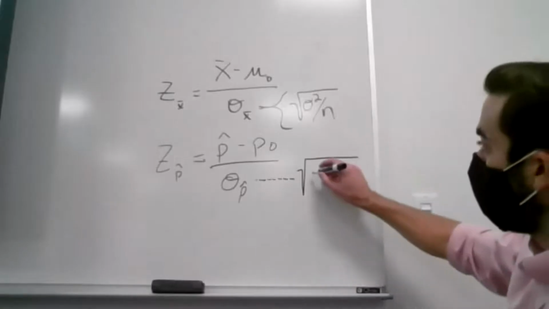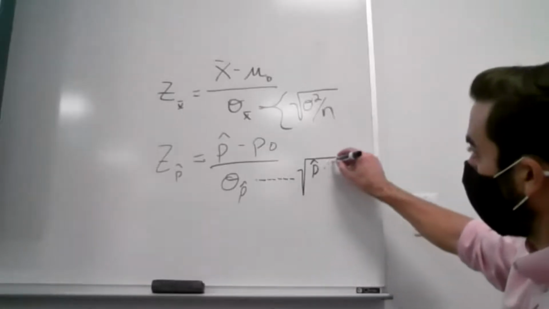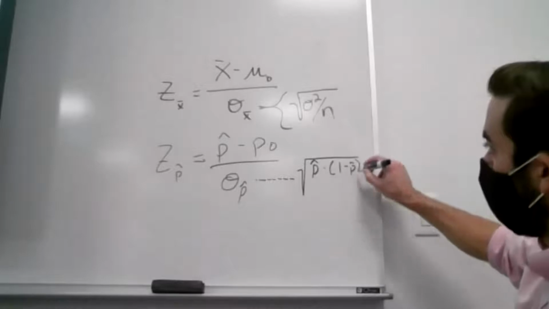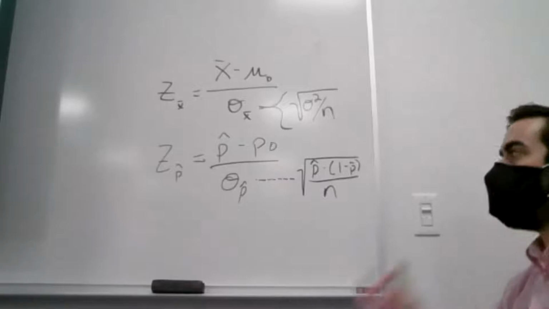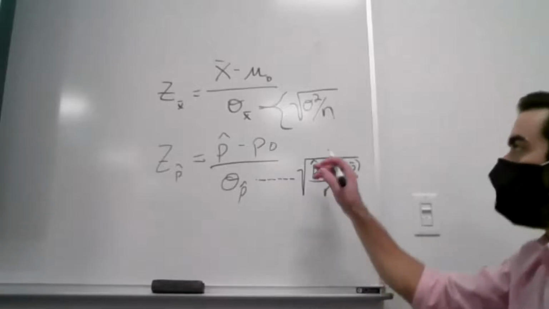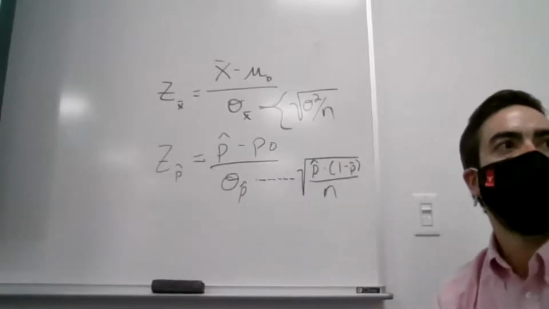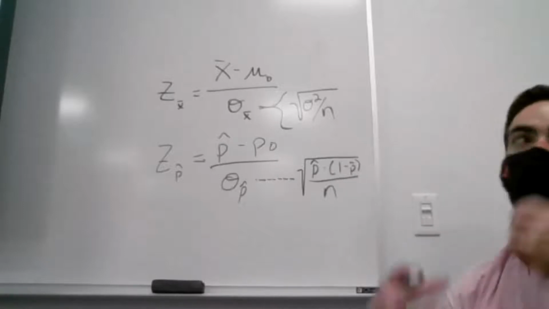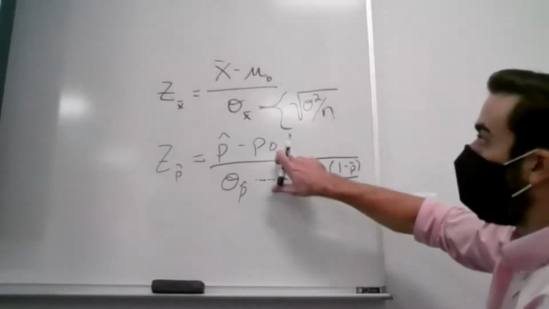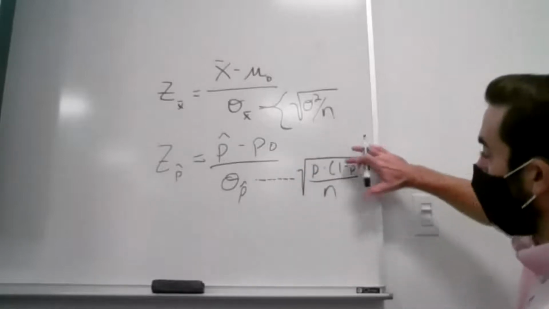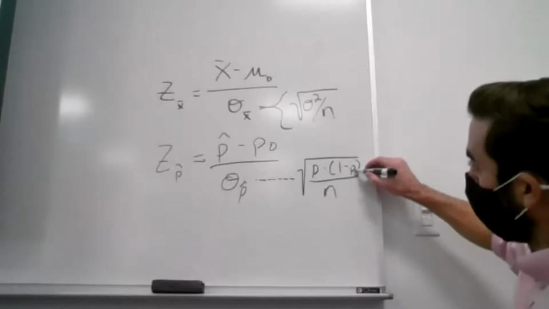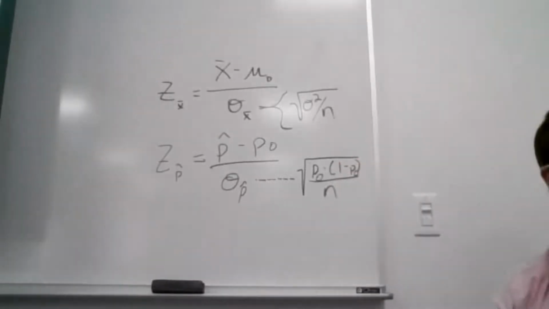Remember, with confidence intervals we used sample proportion times 1 minus the sample proportion, divided by my sample size. We only did that because we didn't know the true population proportion. We still don't know it, but we have an assumed true value for it. So instead of using the sample proportion, we're going to use the assumed true population proportion when calculating the standard deviation of my sample proportions.